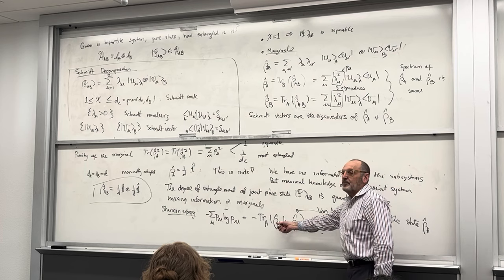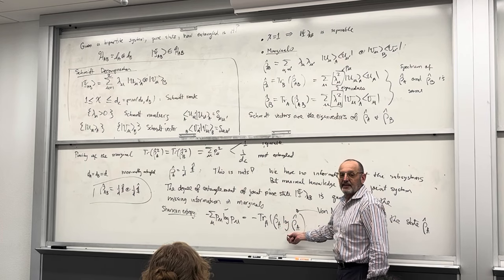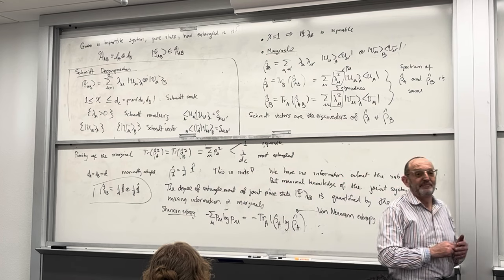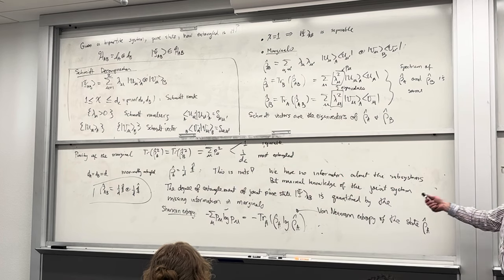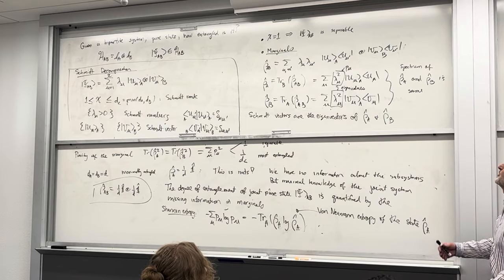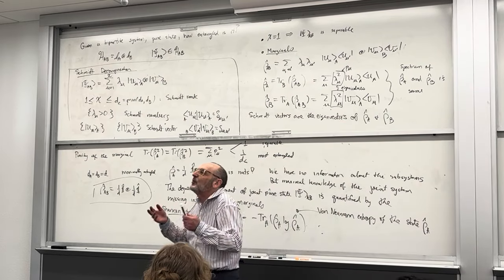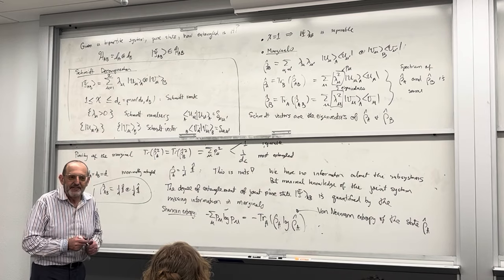So the von Neumann entropy of the state is the Shannon entropy of its eigenvalues. And that is a measure of how entangled the state is. It's what we call an entanglement monotone. And it's the best way of us quantifying how much entanglement there is in the state.